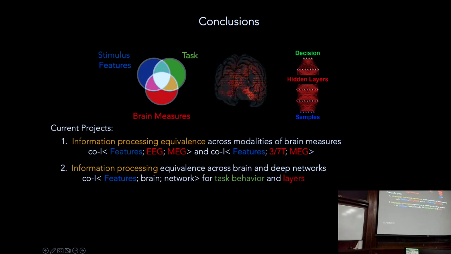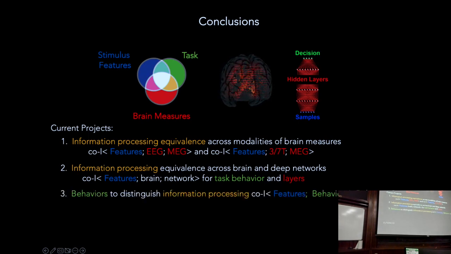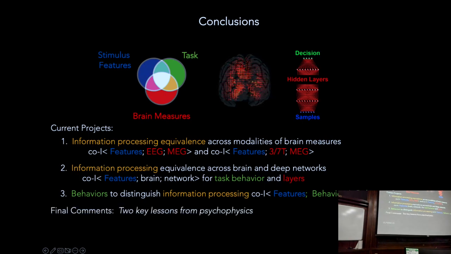It's not enough to show that DNNs and brain respond in the same way to images if we don't know what causes these responses. We also want to keep changing behaviors on the same stimuli in order to distinguish different types of information processing in different tasks, such as looking at a face, judge its identity versus its expression. So we want to have a clear control of the behaviors people do.